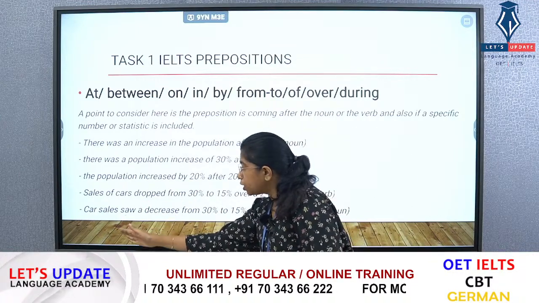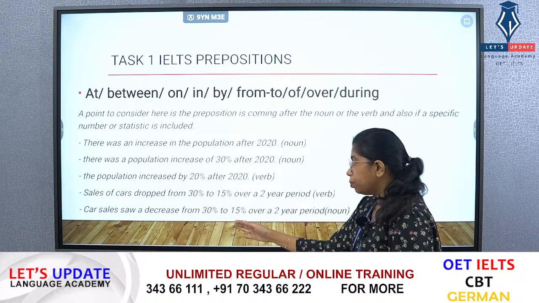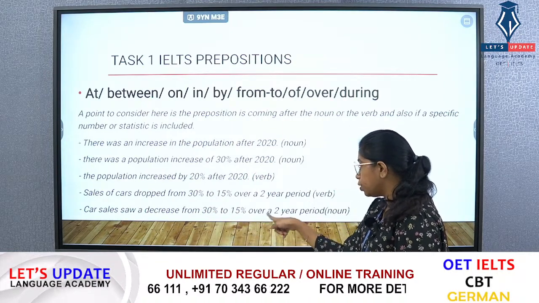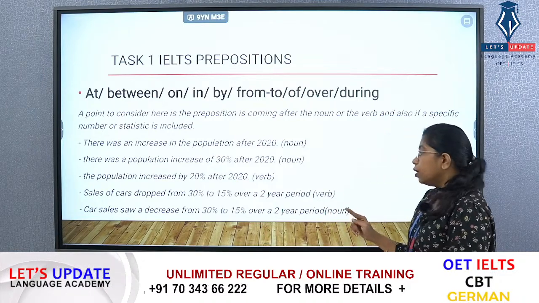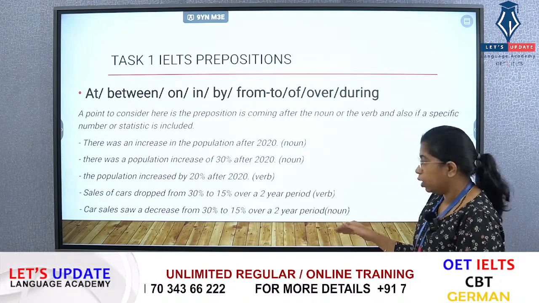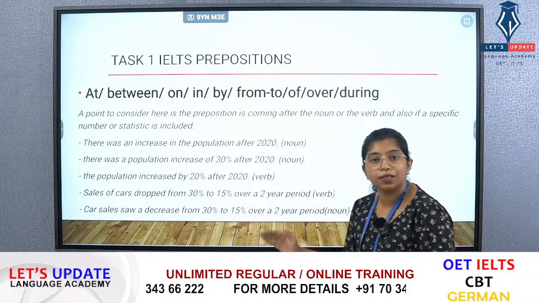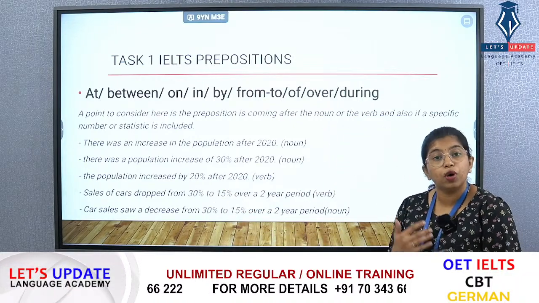Then car sales saw a decrease from 30% to 15% over a 2 year period. So then we change the form to noun. Okay, so we can have different sentence structures by just interchanging verb and noun form.